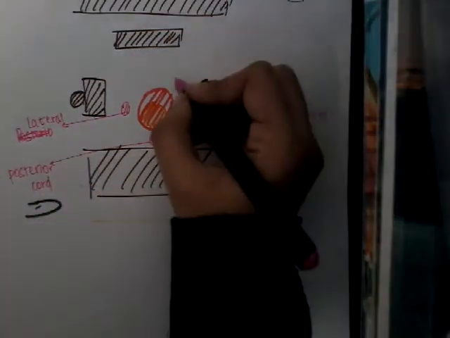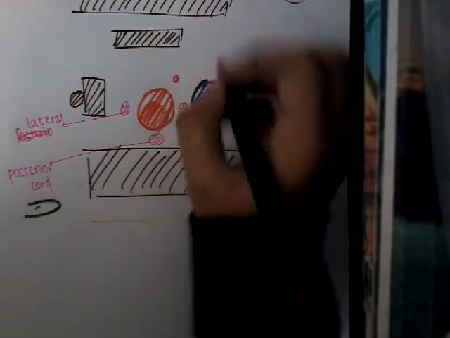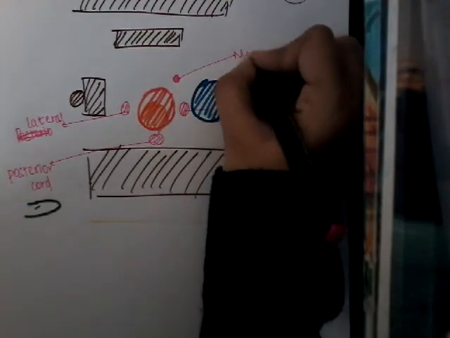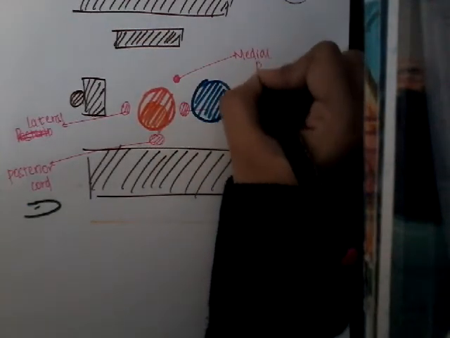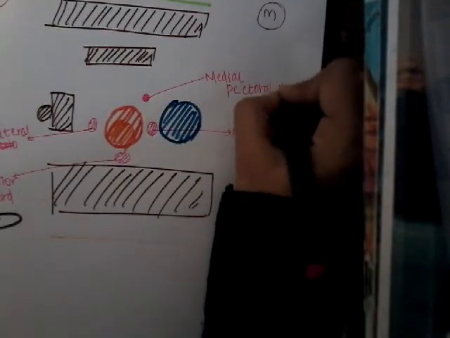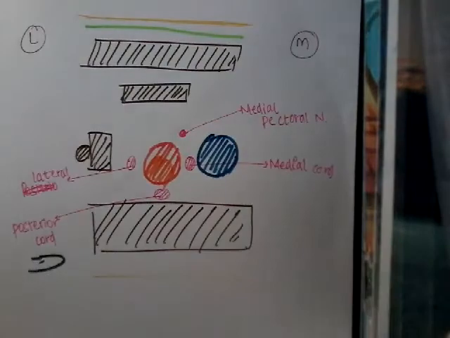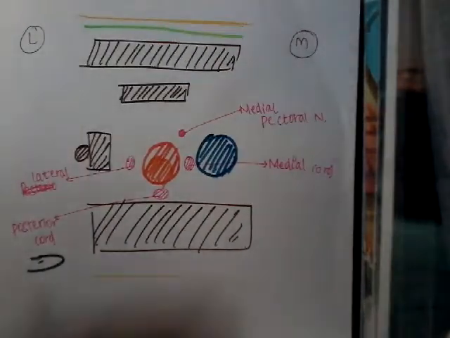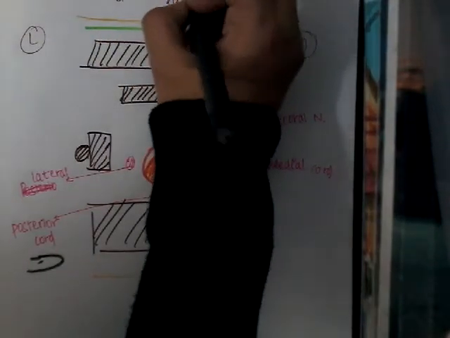Okay, so these are the different cords of brachial plexus. And there is one more nerve, which is the medial pectoral nerve, which supplies the pectoralis major and minor muscles. Okay, so these are the different relationships which you see in the second part of the axillary artery.